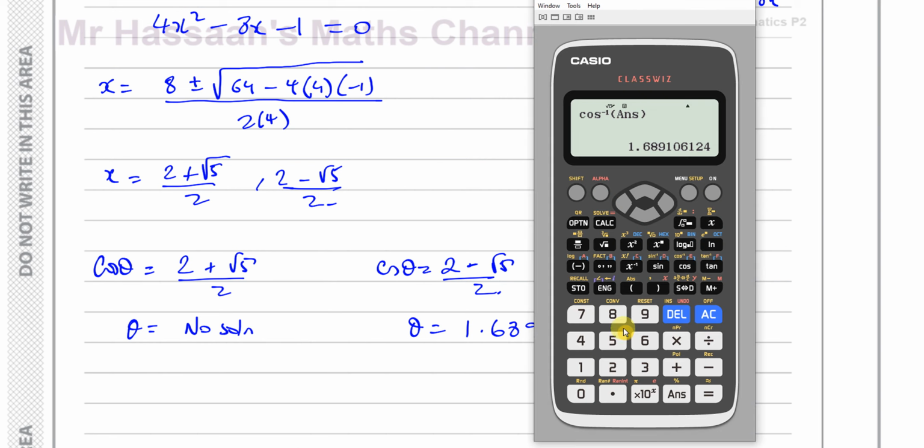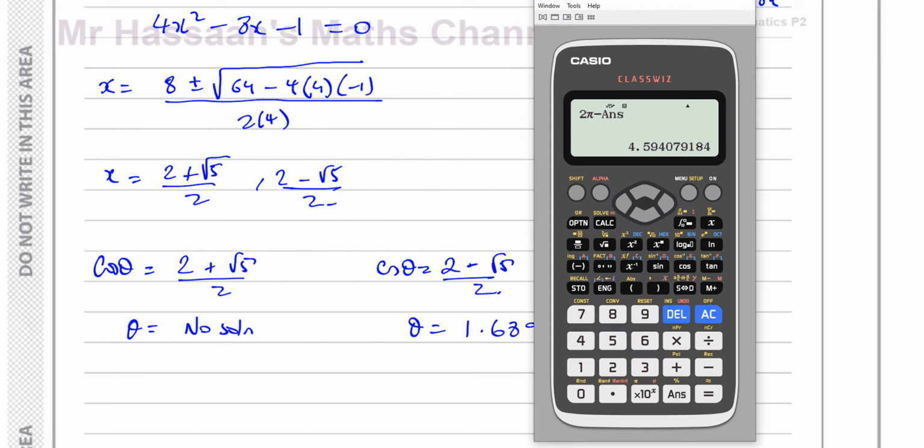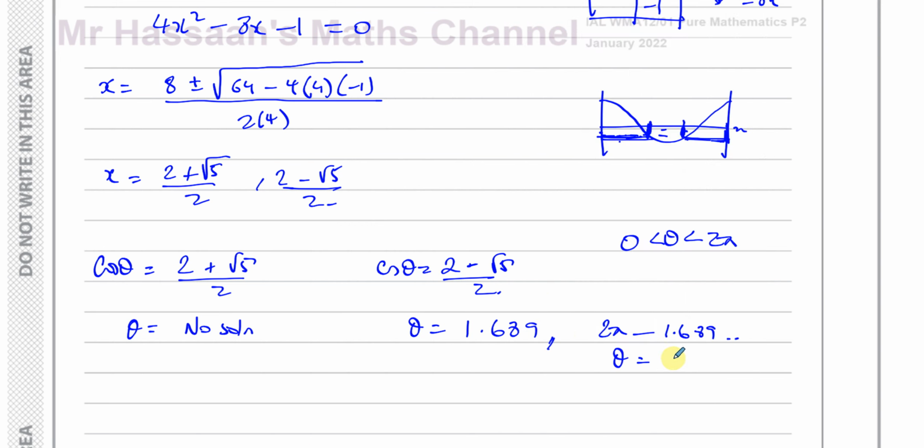So I'm going to take this answer and do 2 pi minus this answer, and that gives us 4.594. So you have 2 pi minus 1.689. So the other value for theta, as we just said, was 4.594. Okay, so those are the two solutions in the range, and the range is from 0 to 2 pi, and we know that pi is 3.14, so 2 pi is going to be 6 point something, so you can see we're in the range.